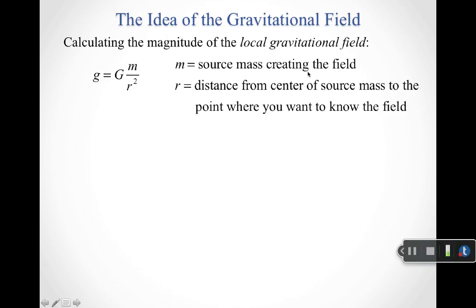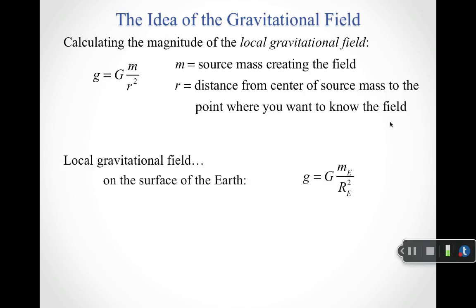It means the same thing. The source mass is what causes the acceleration that you feel. R is now the distance from the center of your source mass to the point where you want to know the field. So instead of being the distance from the center of your mass to where you want to know the acceleration, it's exactly the same thing to say the distance from the center of the source mass to the point where you want to know the field.